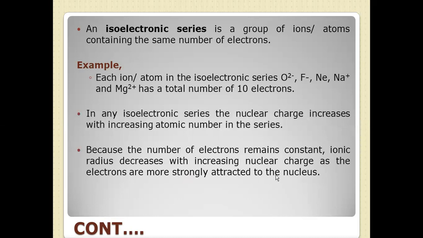Simply put, the atomic number is increasing but the electron number is constant. Therefore the nuclear charge increases with atomic number, and the ionic radius decreases, as the atom or ion is attracted more strongly towards the nucleus.